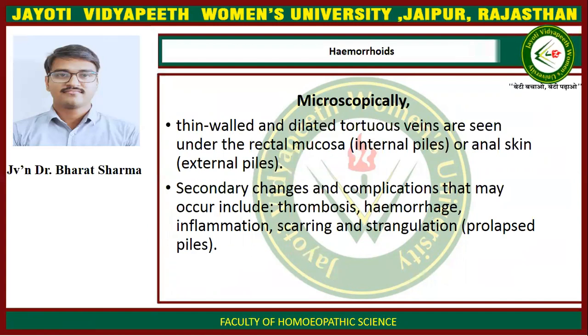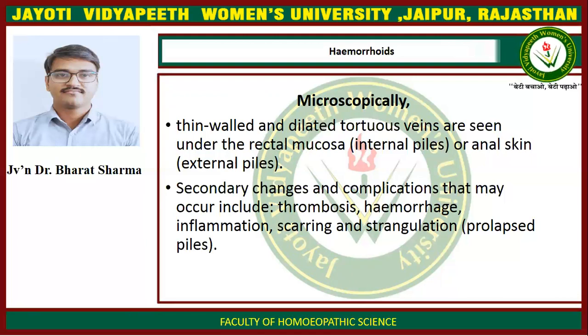Now, microscopically, the hemorrhoids are thin-walled, dilated, tortuous veins that are seen under the rectal mucosa in internal piles, or anal skin in external piles.